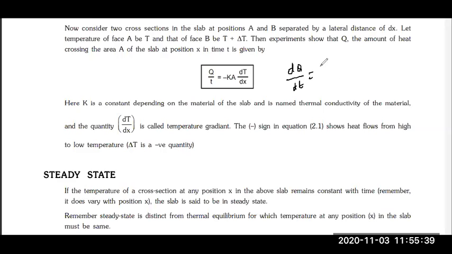Now, if you see this, dT is analogous to voltage. Now, apart from this, what do we have? We have dx upon KA. Yes or no? So can I say that this dx upon KA is nothing but R thermal, thermal resistance?